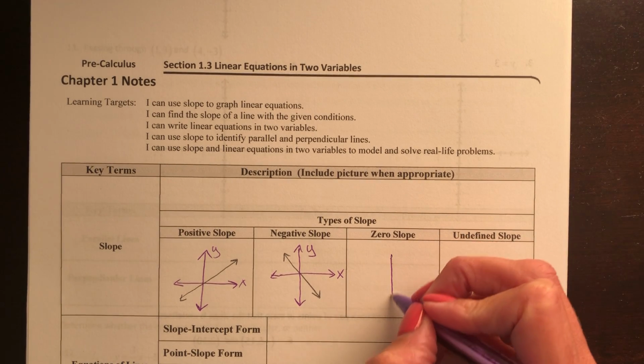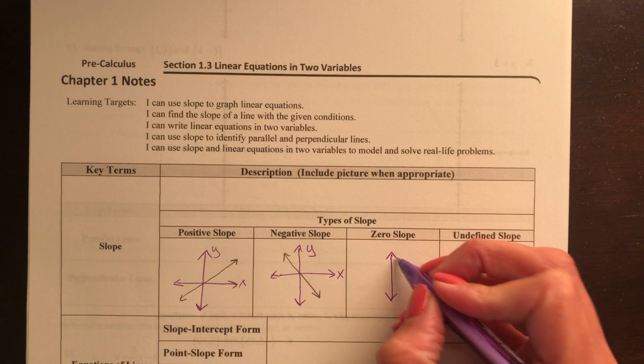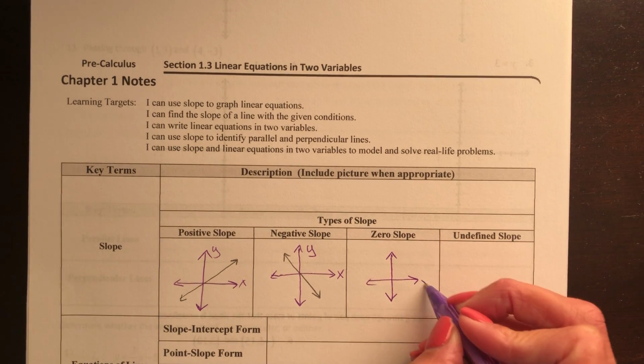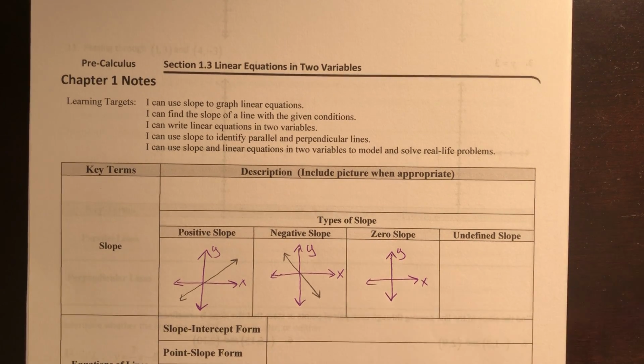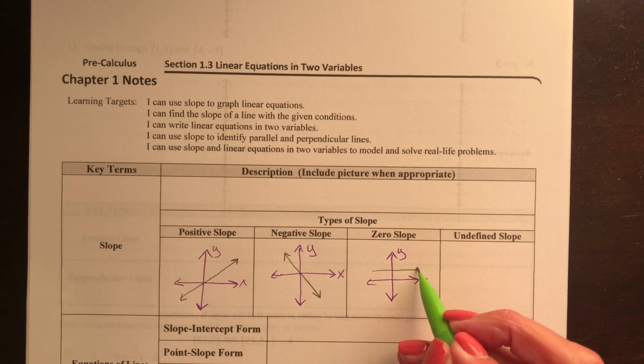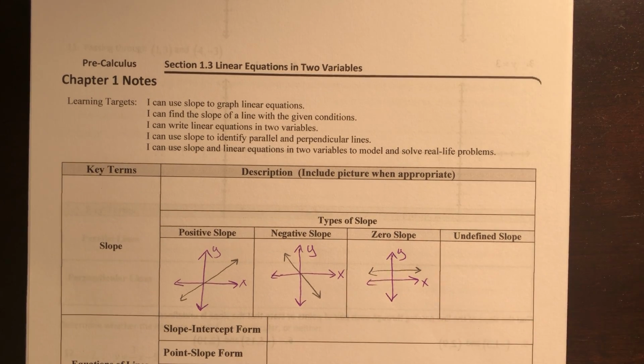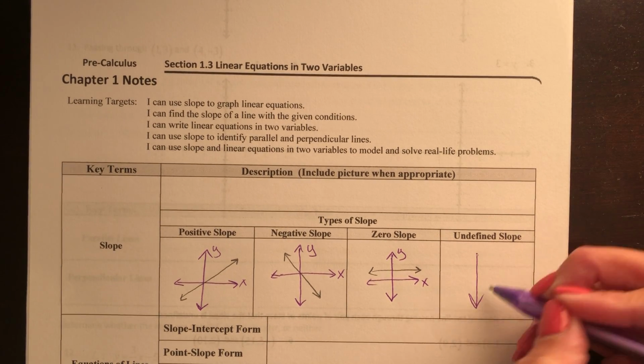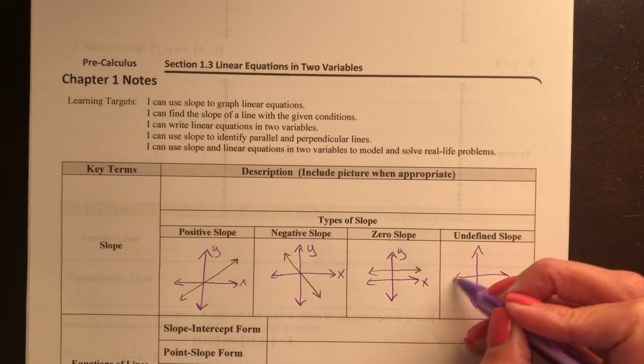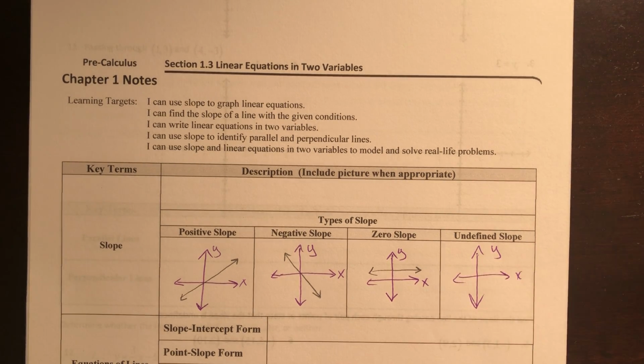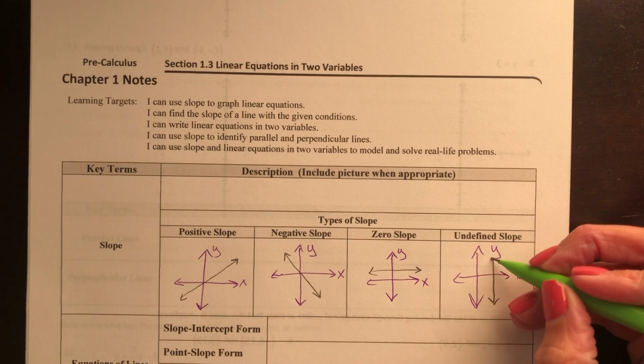A zero slope would be a horizontal line, and then an undefined slope would be a vertical. Okay.